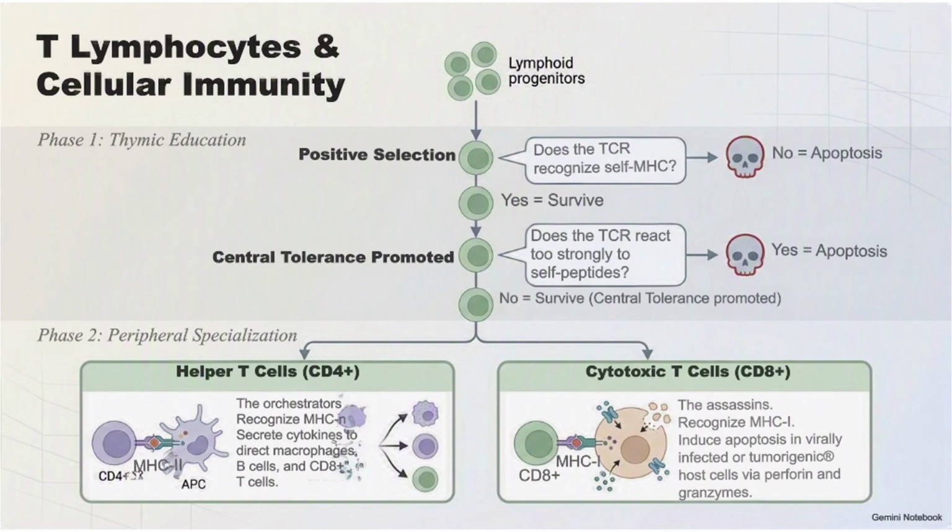CD4 T cells help coordinate immune responses through cytokines and interactions with other immune cells, while CD8 T cells can recognize and kill certain infected or abnormal host cells. And this brings us back to our antigen episode.